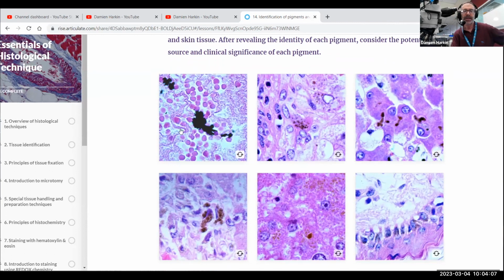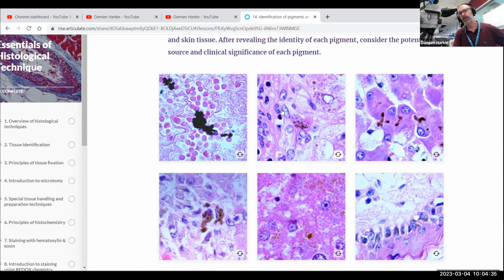But you can see in each of these panels, there is some very prominent material which we wouldn't otherwise expect to see within an H&E section. Remembering that H&E, hematoxylin and eosin, we're expecting to see a combination of blue to purple color from cell nuclei, as we can see quite clearly in this area here.